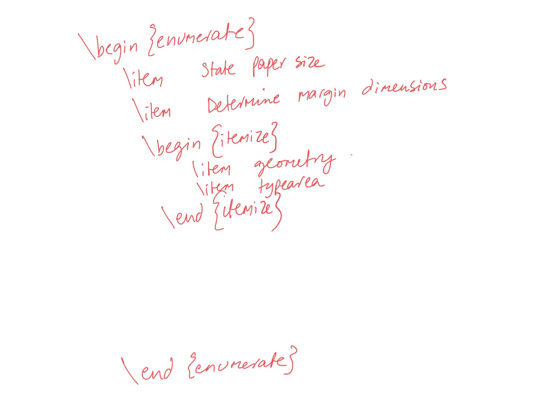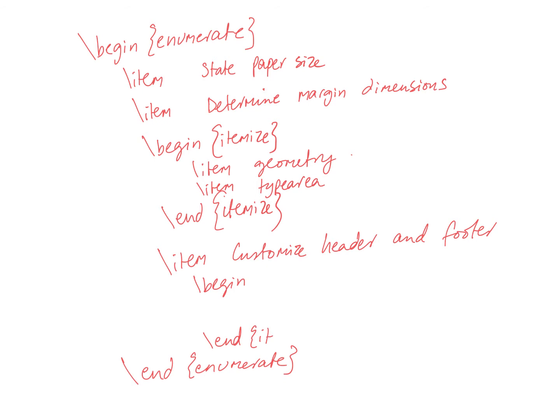If we want to add more stuff, let's say if I put another item, customize header and footer, and then begin itemize and end itemize. And then let's put something like fancy header. Try this code and see how it works for you, right?